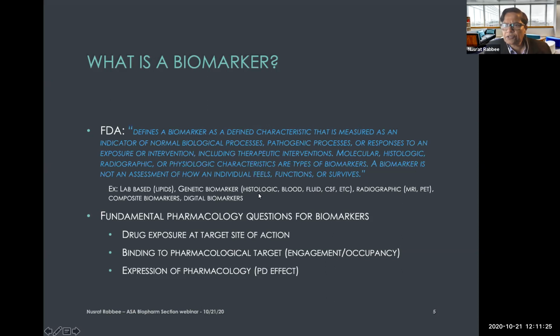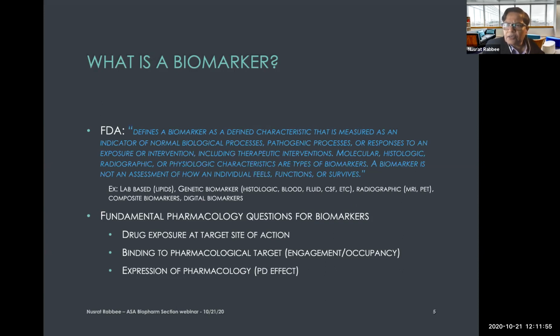They could be tissue histologic, they could be blood biomarkers, any fluid. For example, the cerebrospinal fluid, where we have CSF-based biomarkers and blood-based biomarkers in Alzheimer's disease, for example. But even outside of genetic biomarkers, we can have lab-based biomarkers, right? Lipids is an example of that. Smoking status could be a biomarker.